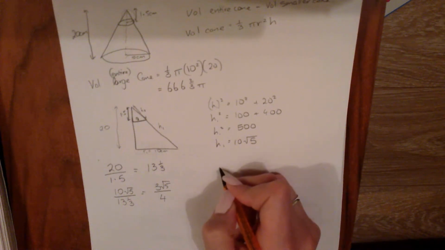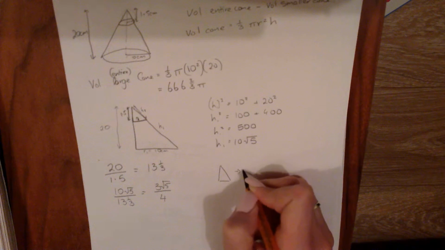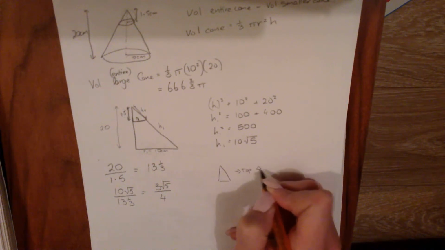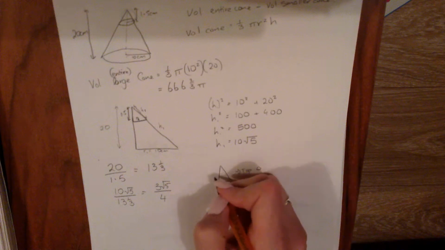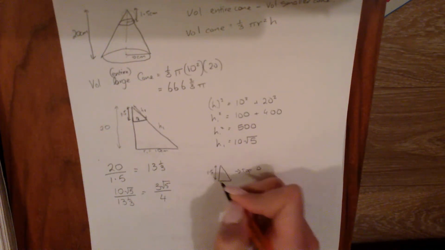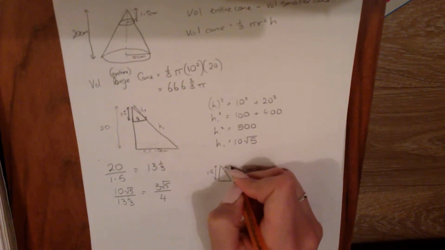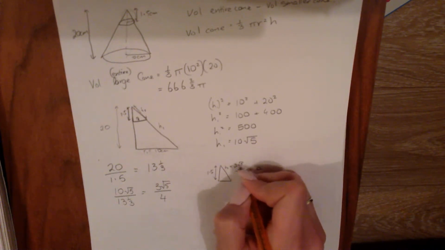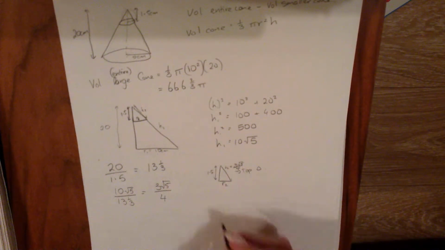So now in our smaller triangle, this is the top triangle, we have a height of 1.5, perpendicular. Our second hypotenuse is 3 root 5 over 4, and we're still looking for our second radius.